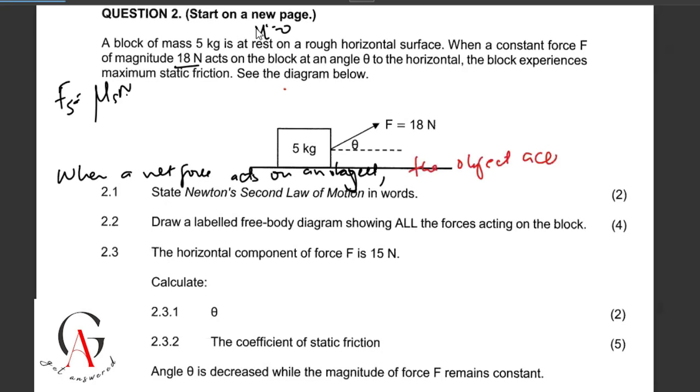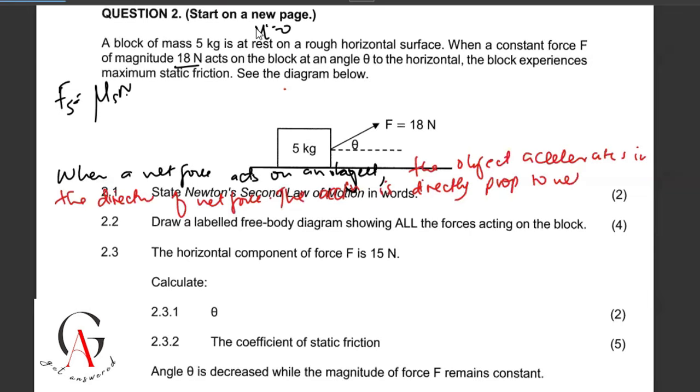The object accelerates in the direction of the net force, and the acceleration is directly proportional to the net force and inversely proportional to the mass.